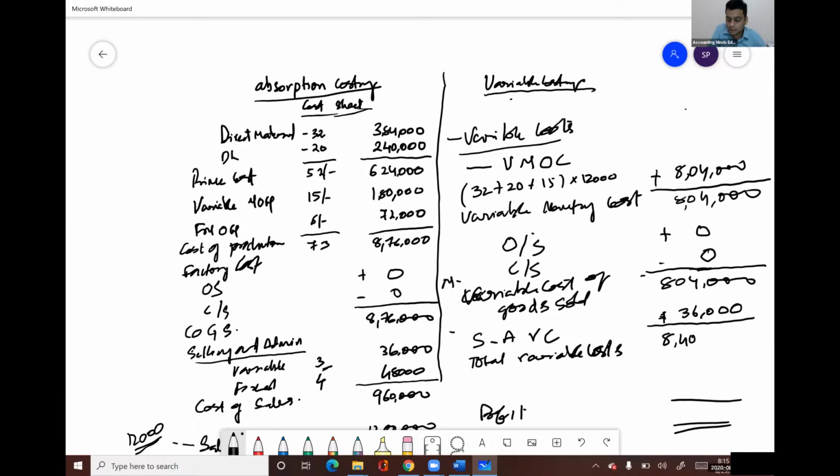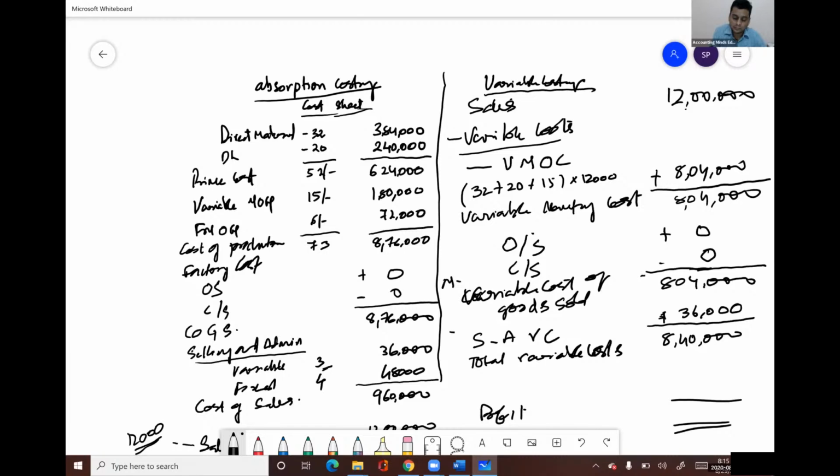8 lakh 40,000. Right, guys? Guys agree? Guys, you follow this? Yes sir. Now you put sales. How much is the sales? 12 lakhs.